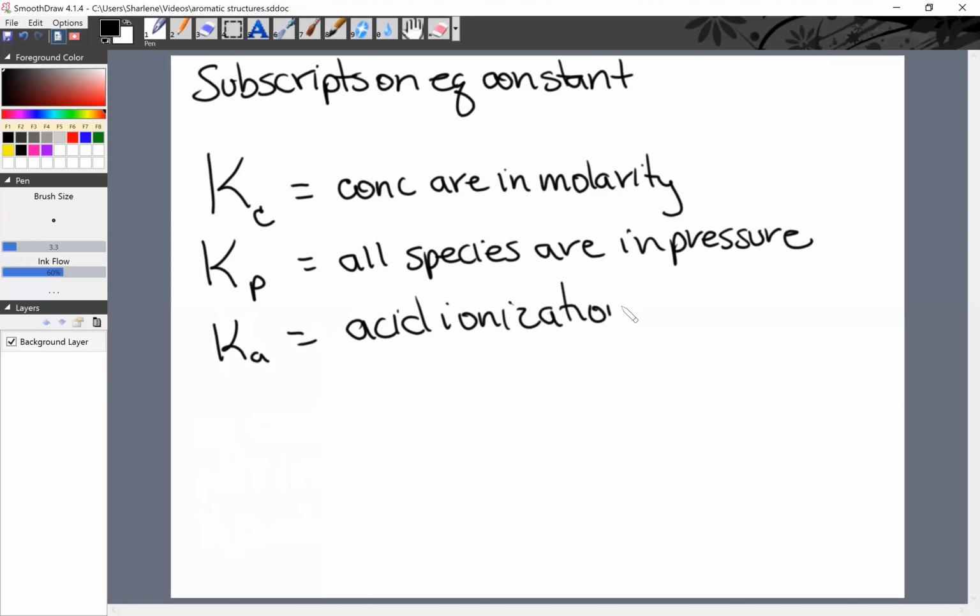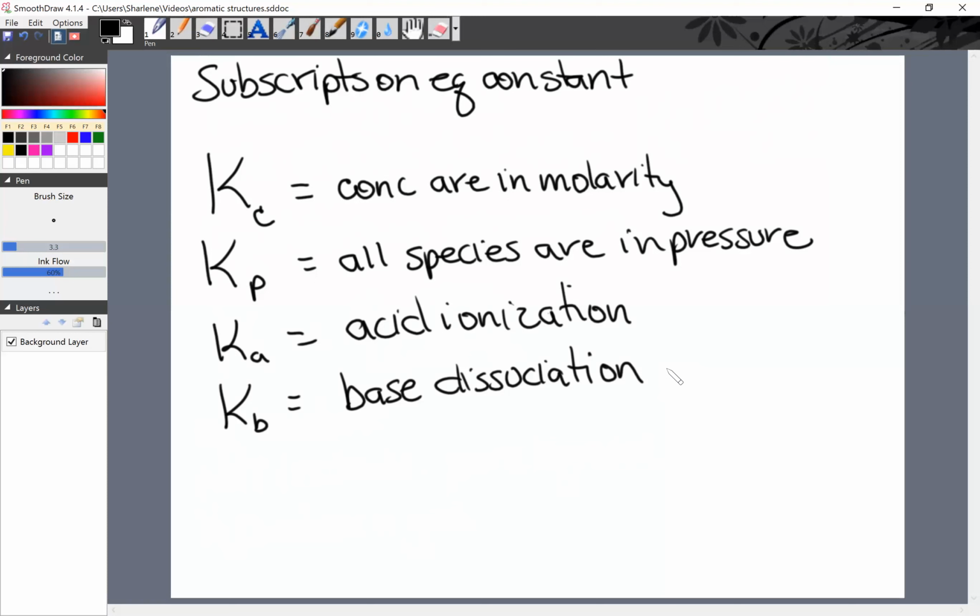Ionization. And this is the reason I hit it so hard in the last semester, is we were going to be using those reactions this time. So Kb means base dissociation. And right now you're thinking, wow, those words sound familiar, but I'm not quite sure exactly what it means.